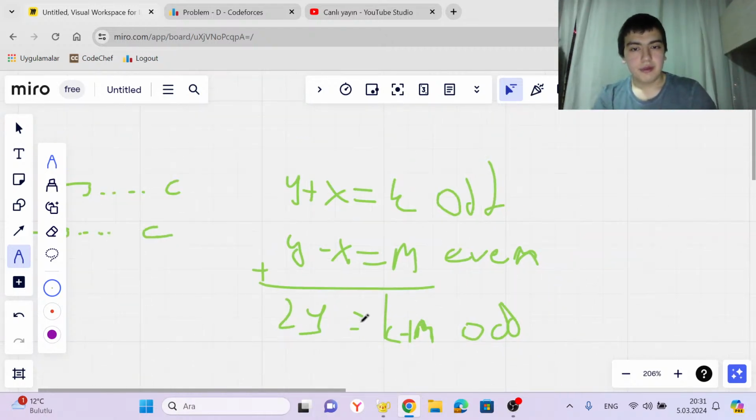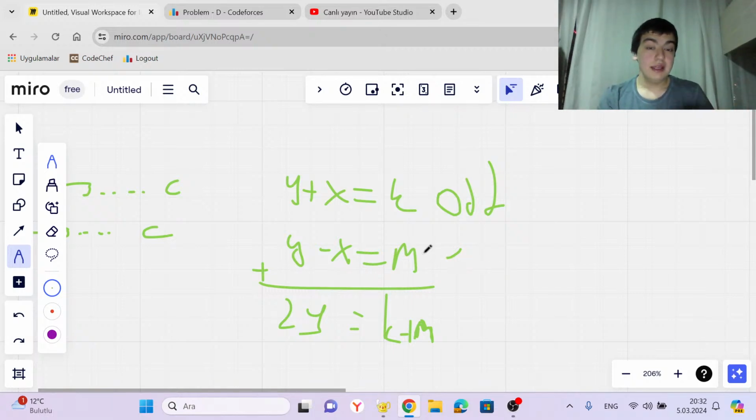So if k is odd and m is even, or k is even and m is odd, then y will not be an integer.